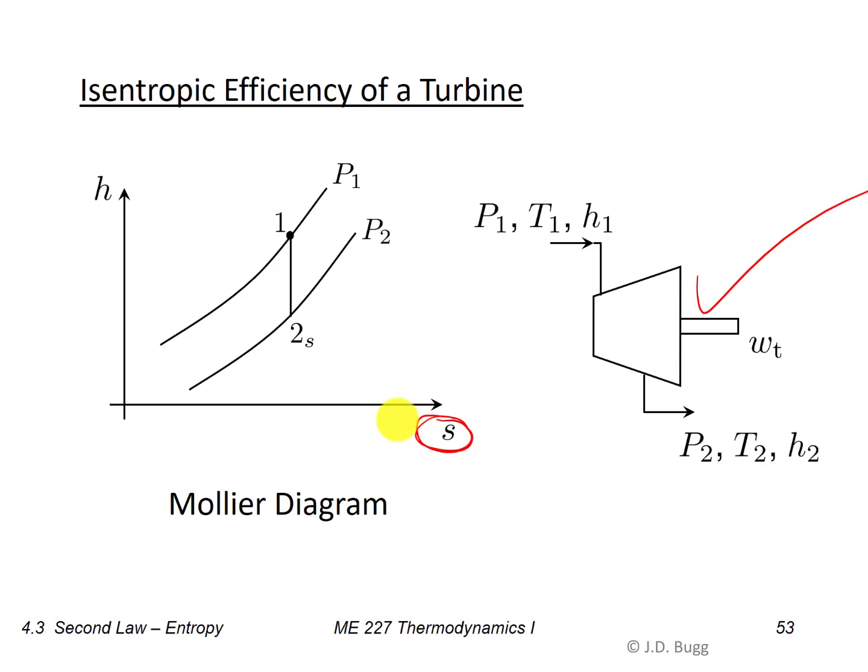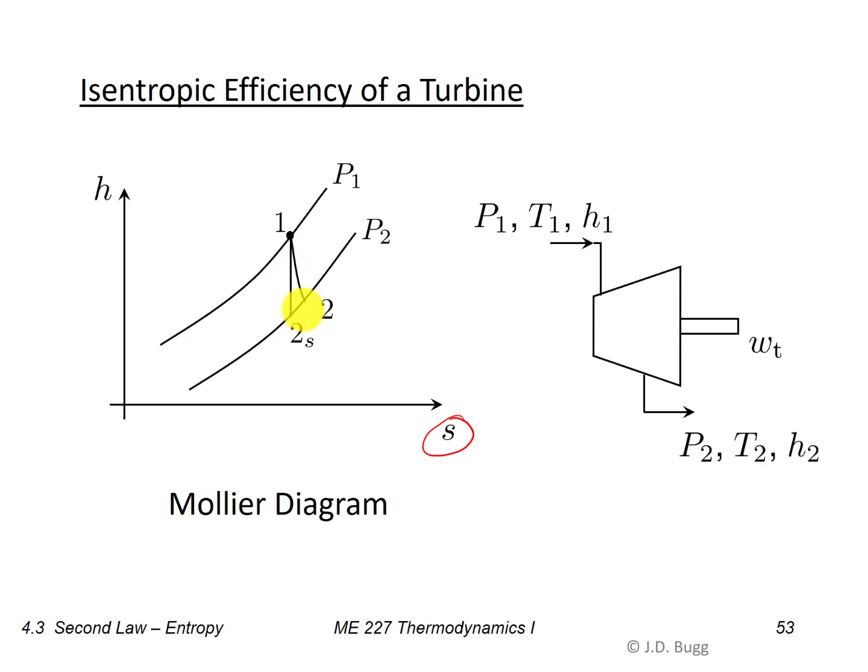Now the actual turbine is going to have an increase in entropy, and how dramatically that increases is a measure of how strong the irreversibilities are. But if we just show this schematically on our HS diagram, we'll see the real turbine drifts off to the right as it drops from point 1 down to P2.